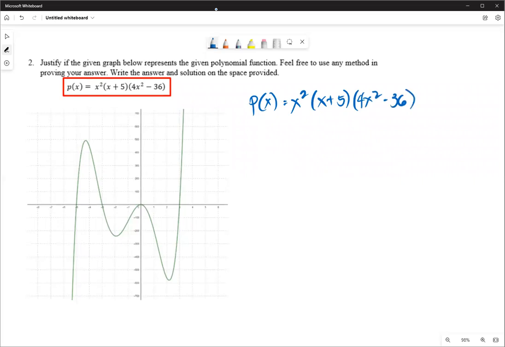Looking at the given, x squared is already in factored form as well as x plus 5. But the 4x squared minus 36 can still be factored out. So therefore, let's try to factor that out.